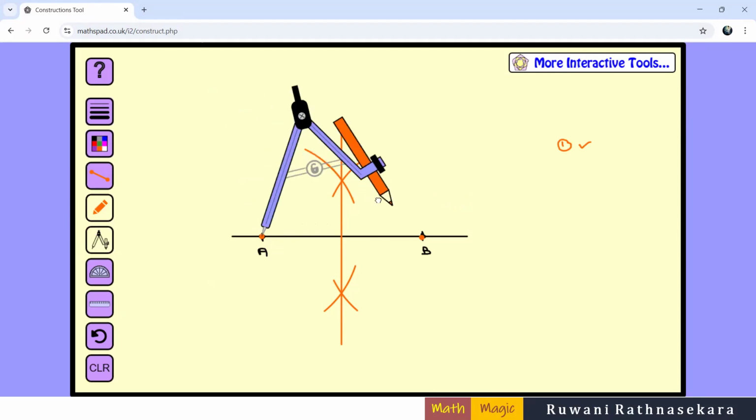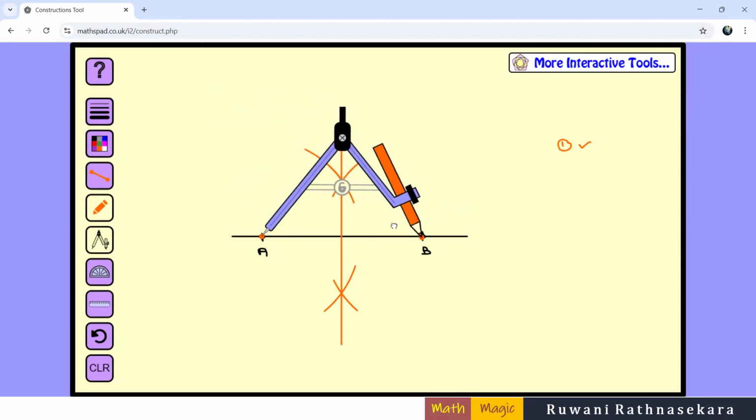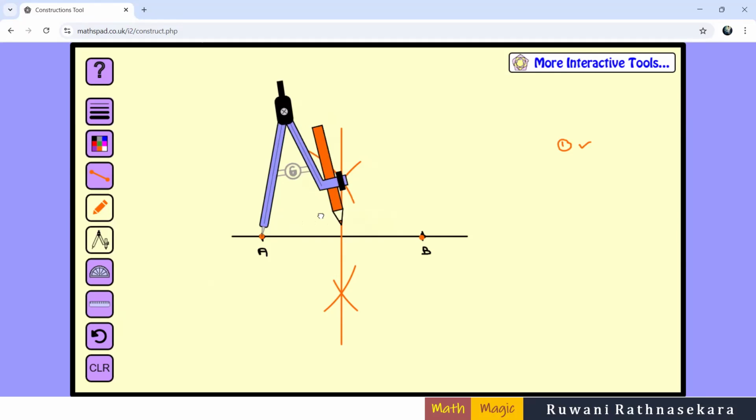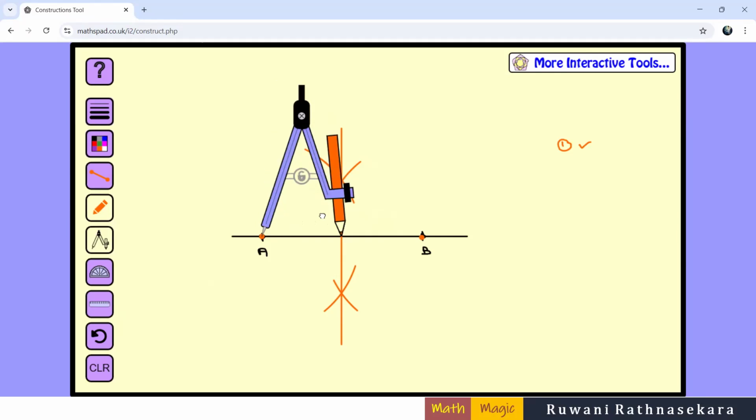Then since the distance from A to B is 7 meters, as the vertical line is the perpendicular bisector, it divides AB into two parts. Therefore, each part is 3.5. Right, half of 7. Therefore, in order to estimate 4 meters, you have to expand the gap a little more than that.